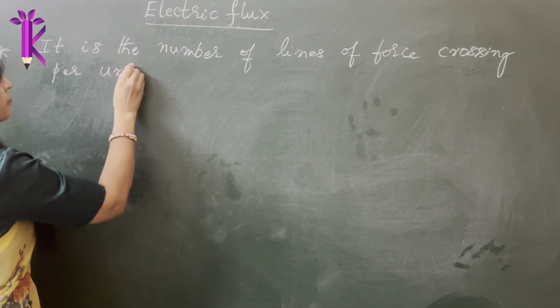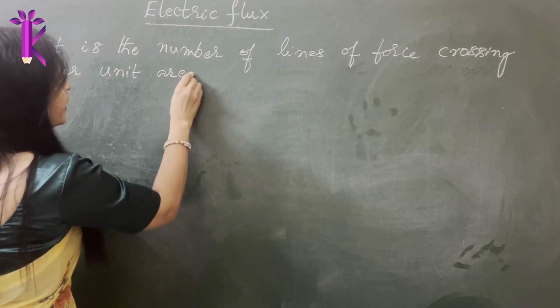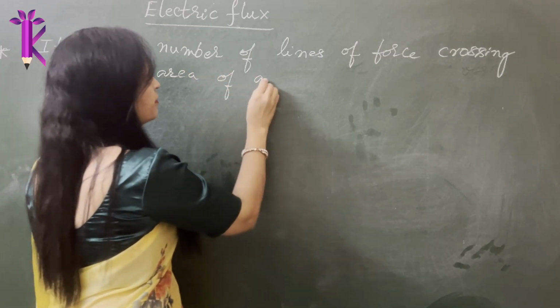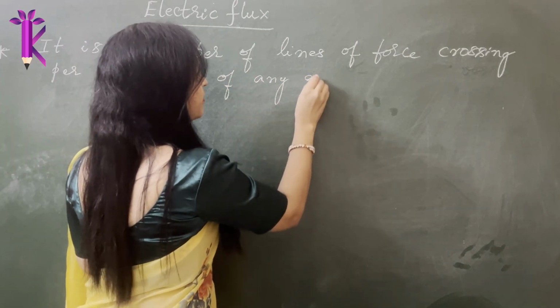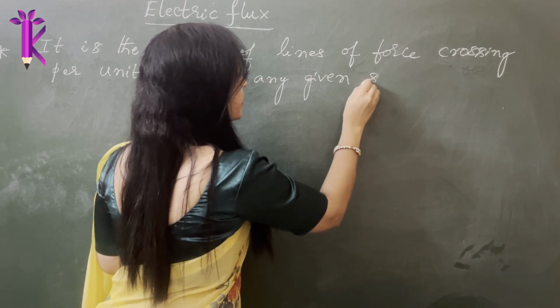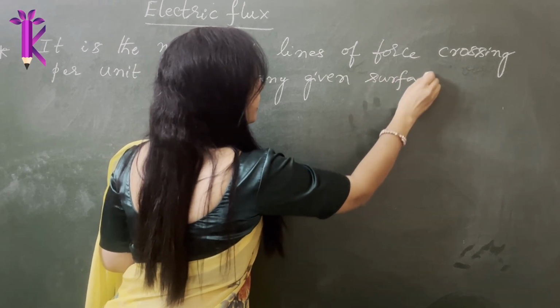You can simply define it as per unit area of any given surface, and that is what is referred to as electric flux.